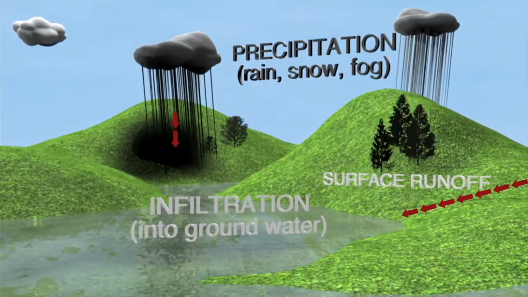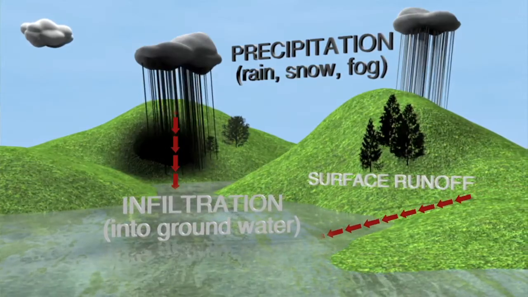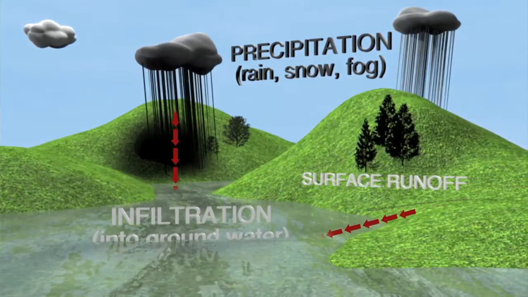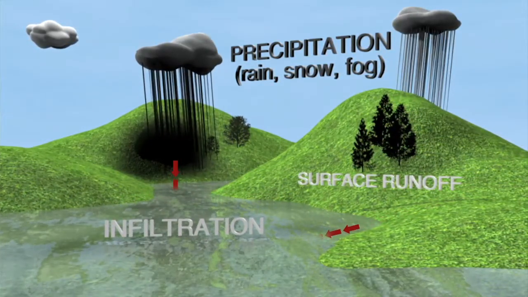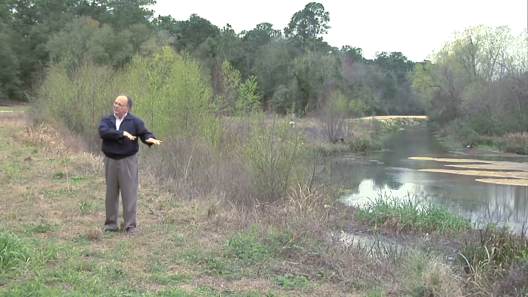A lot of that water that falls within that watershed, whether it be rain or sleet or snow or even fog, soaks into the ground initially. It goes through the layers of soil and minerals, it's cleansed and filtered, and eventually recharges aquifers. The rest of it is flowing on the surface.